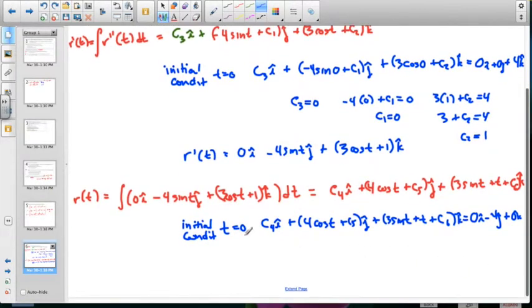So when I plug in t equal to 0, what does that give us? Well, that gives us a C4. There's no t to plug a 0 in for, so just C4 equals 0.